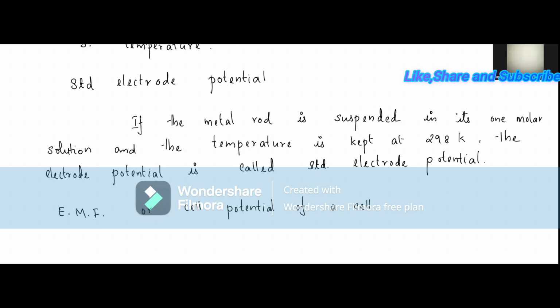If the same electrode potential is measured at 298 Kelvin and in a 1 molar solution of the electrolyte, then the potential difference that you calculate is called standard electrode potential.